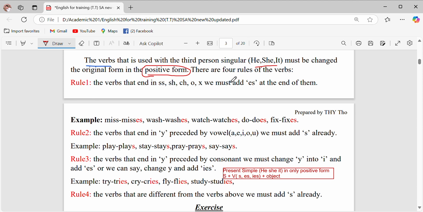There are four rules for the verbs. I mention here four rules of the verbs.